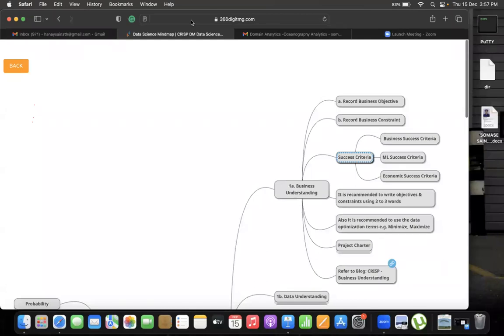So here we can have business success. What will be the business success criteria? What will be the ML success criteria? Then the economic success criteria will be there.